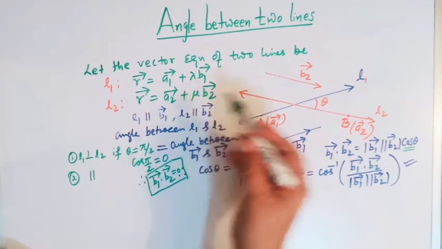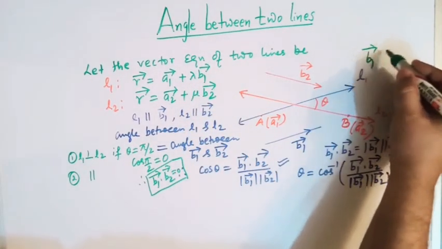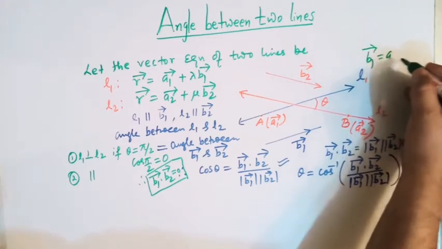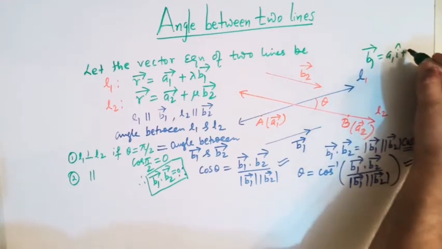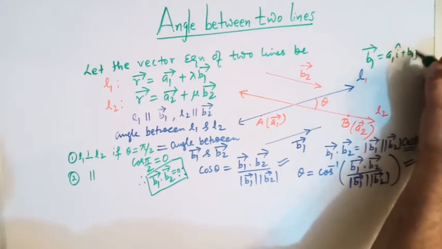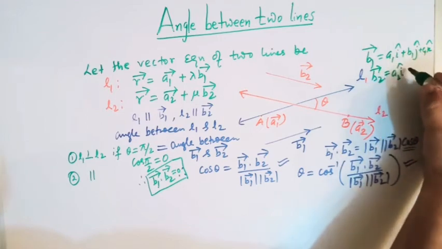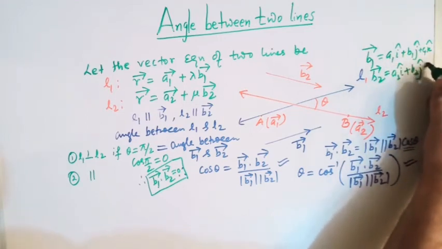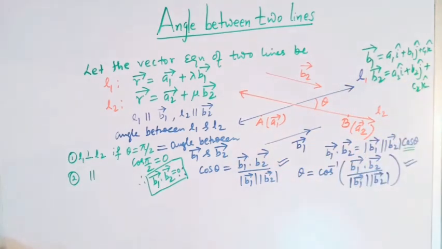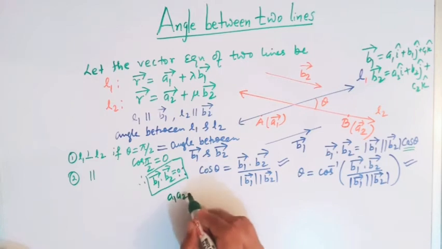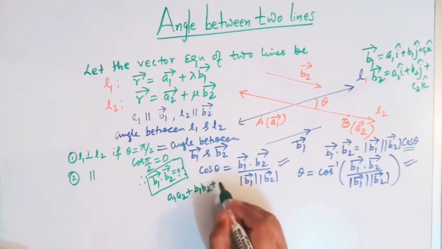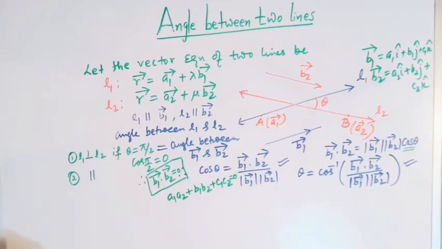right? And if we denote vector b1 by say a1 i cap plus b1 j cap plus c1 k cap, and vector b2 is say a2 i cap plus b2 j cap plus c2 k cap, then the dot product of vector b1 and b2 gives us a1 a2 plus b1 b2 plus c1 c2 equal to 0, right?